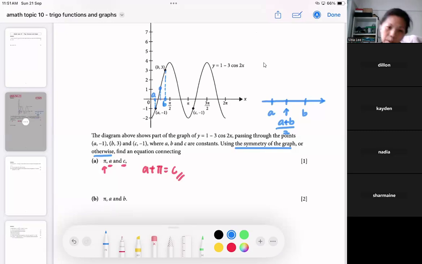I am also comparing with the midpoint. This midpoint should be half of pi over 2, so the midpoint of A and B will be pi over 4. From there I form the equation.